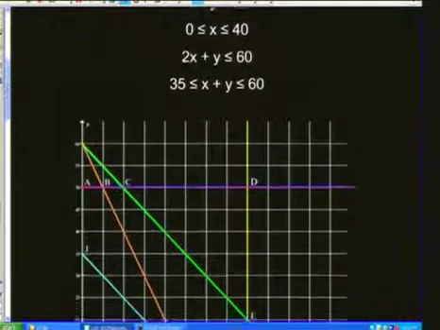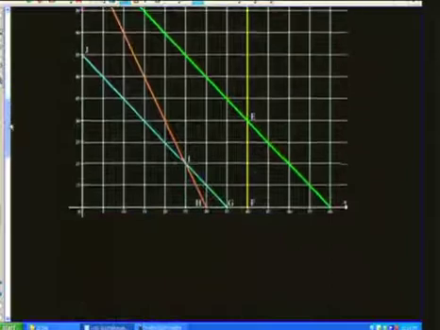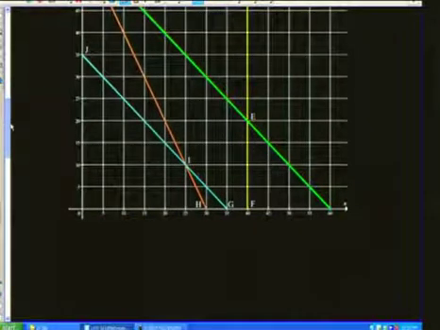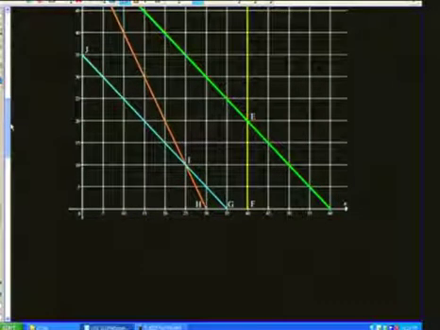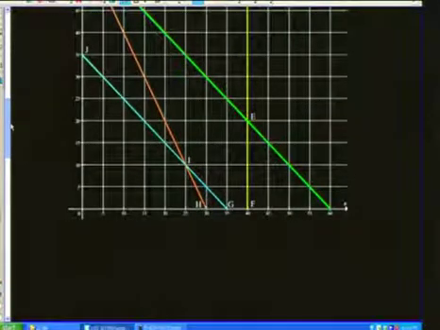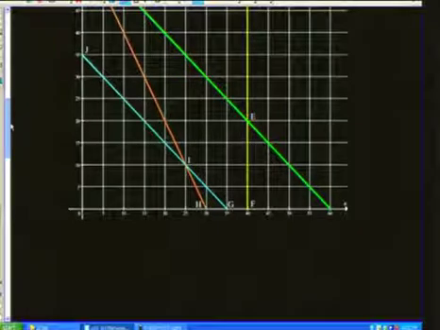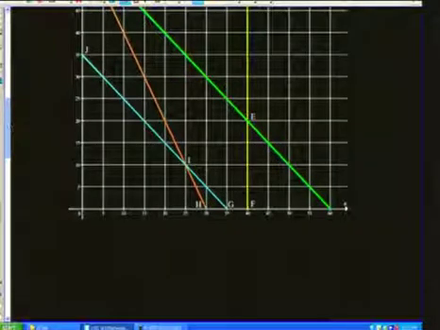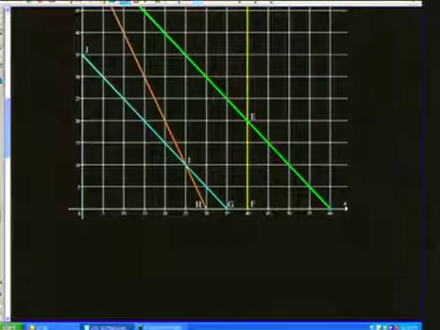Okay, the first one said y lies between 0 and 50. So these would be lines, 0 and 50, and I must just find where 50 is. Here it is. I need to perhaps just put in some lines here.